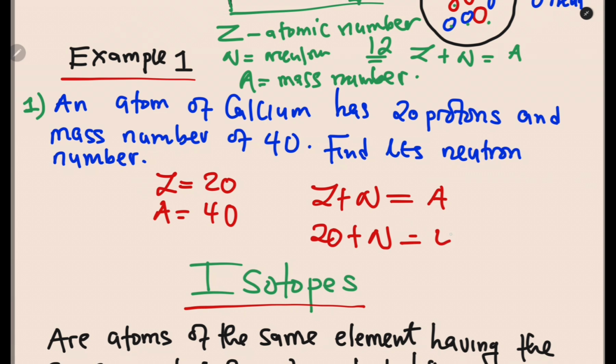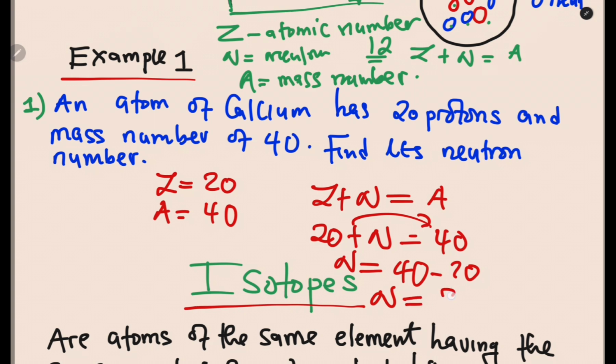Neutrons, equal to 40. So N equals 40 minus 20, the usual way we are used to, and the neutron number gives us 20. This is the reason why I said you should be able to go around just using this formula. That is how you find the neutron number.